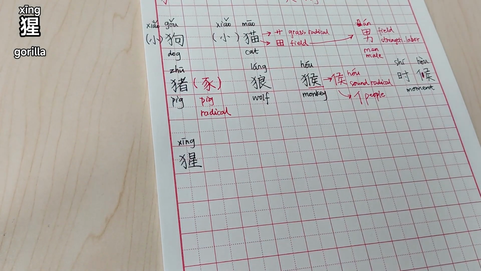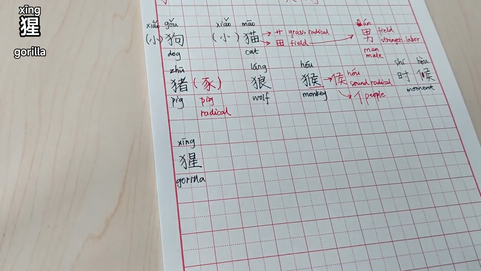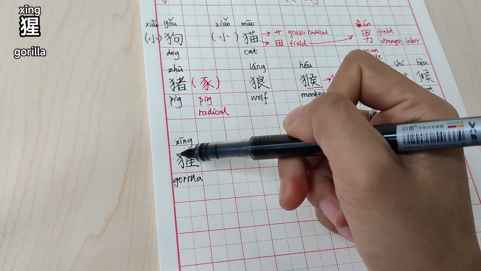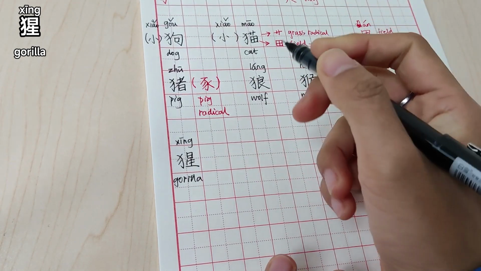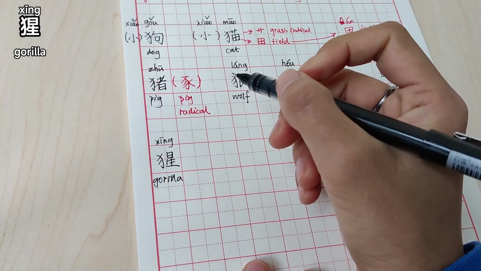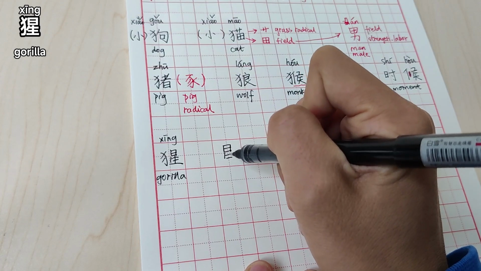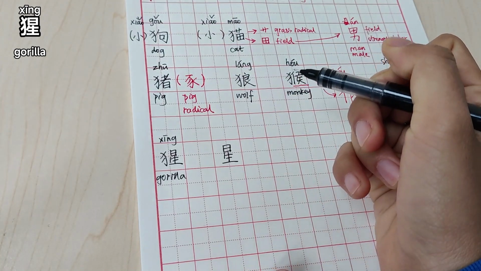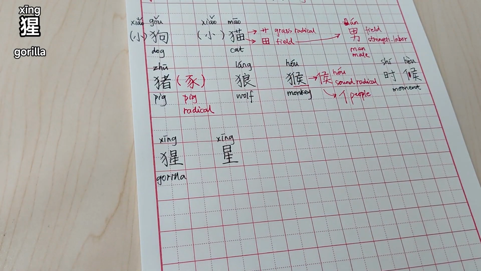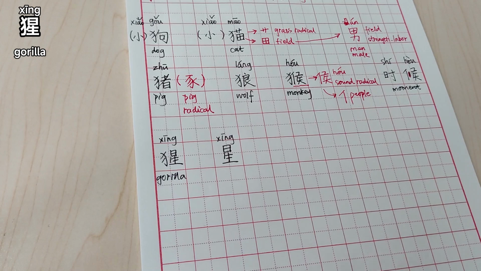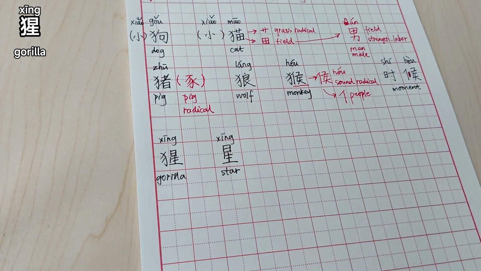Okay, now let's get to the next character. Xing refers to gorilla. If we get rid of the animal radical and just keep the right side, it's also a character. This is also xing, but it has a completely different meaning. This is the star.